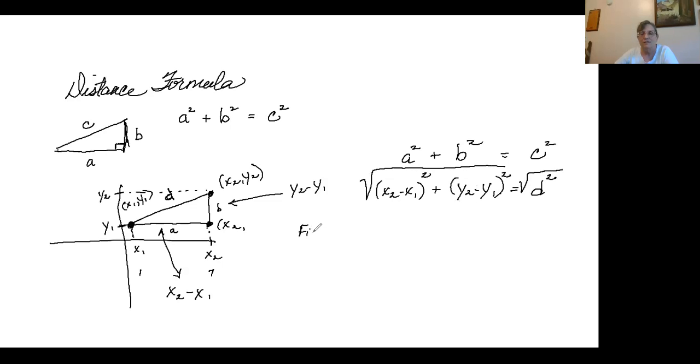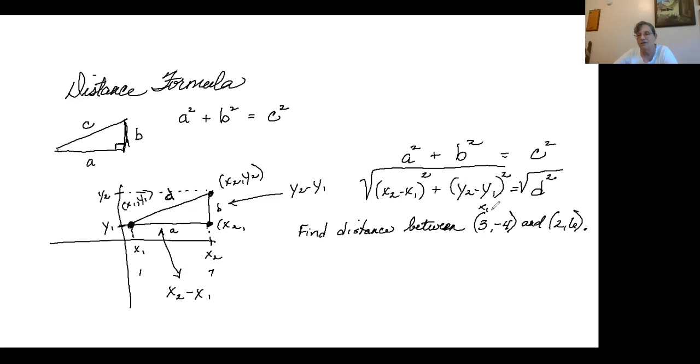So for instance, if I was asked to find the distance between 3, negative 4 and 2, 6, the distance is the same either direction.